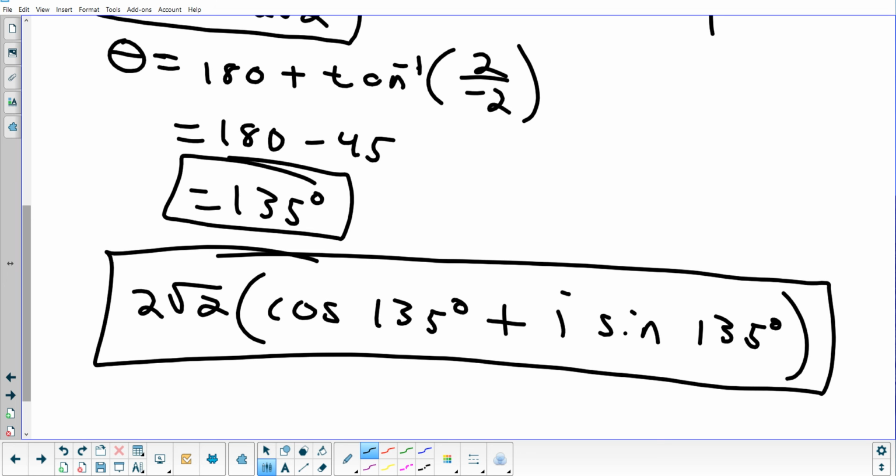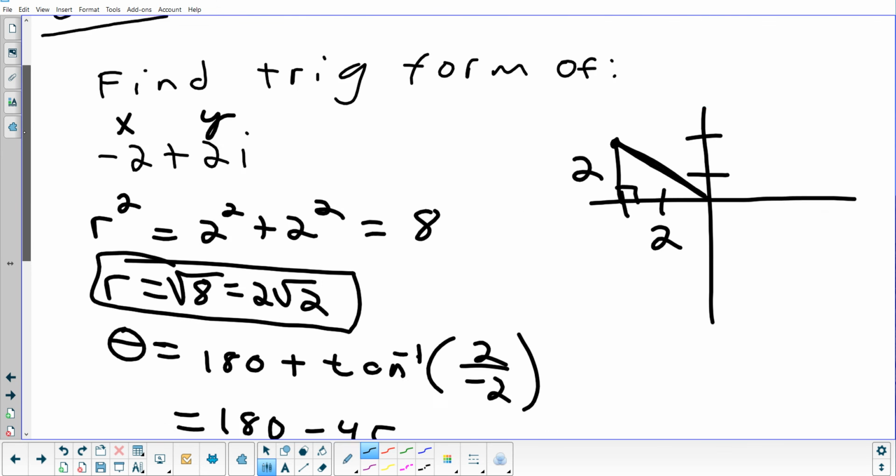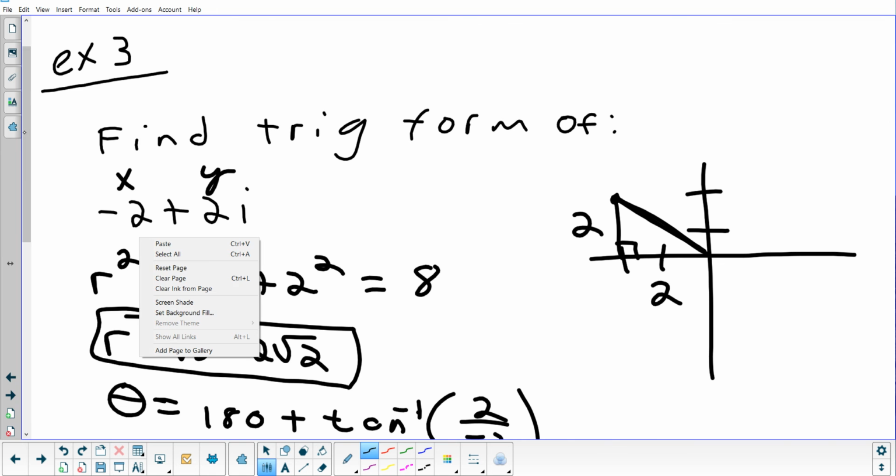Now, if you're looking at it and you're like, well, wait, there's some stuff I could do out there. I could actually type cosine 135 in on my calculator, and I could distribute 2 root 2. Right, you could. And if you took the cosine of 135 on your calculator and distributed 2 root 2 to it, you'd get -2.